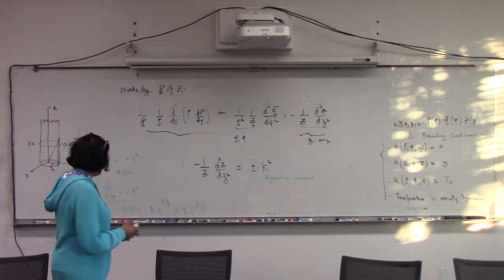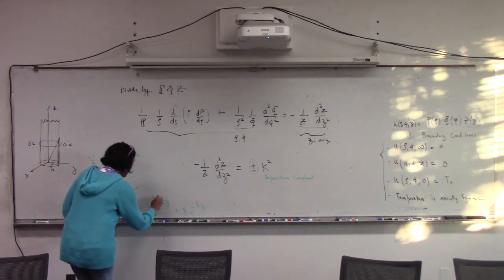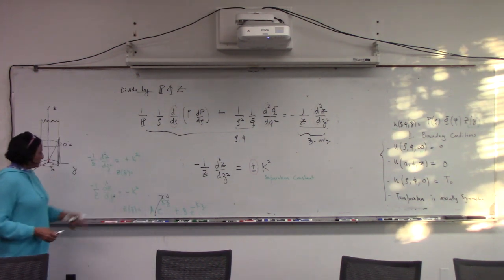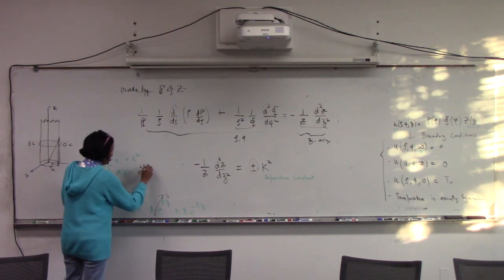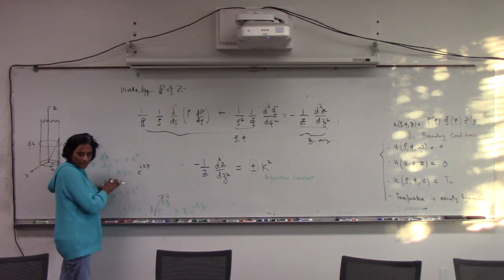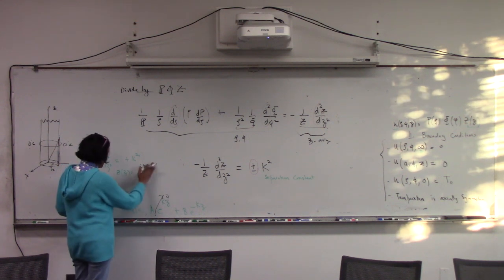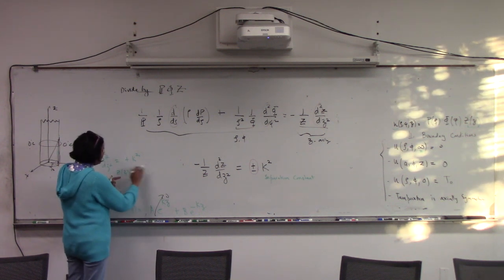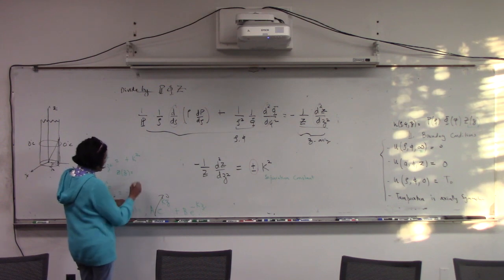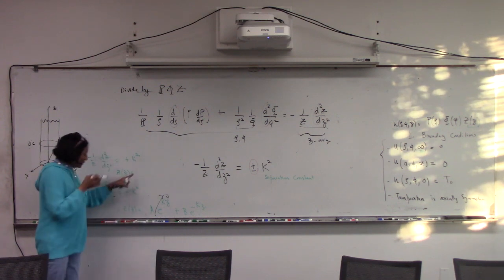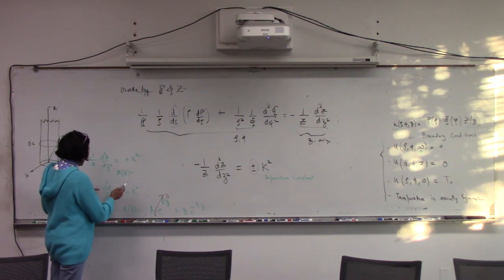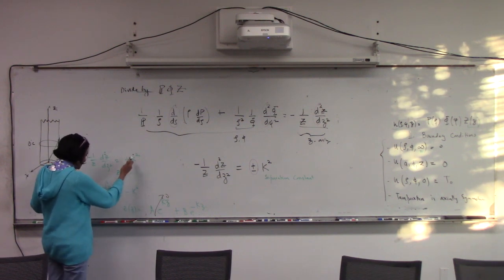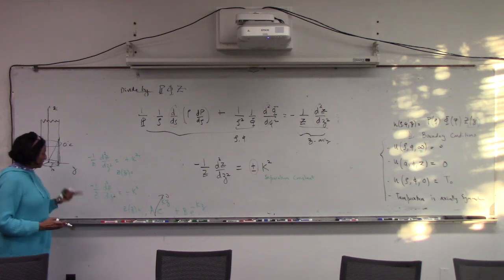If you don't remember it, just take the derivative 2 times and check whether it's a solution or not. That will be an oscillator. Which one gives you plus k squared or minus k squared? You've got only 2 options. You can put it as sine kz if you want, but if you've forgotten this harmonic oscillator form, just try both of them.